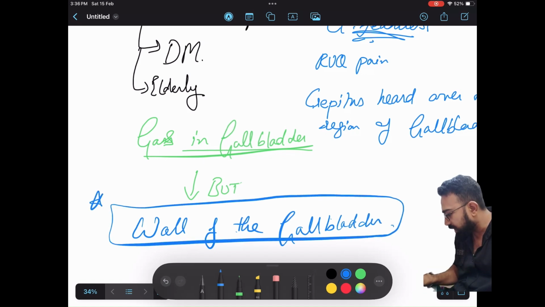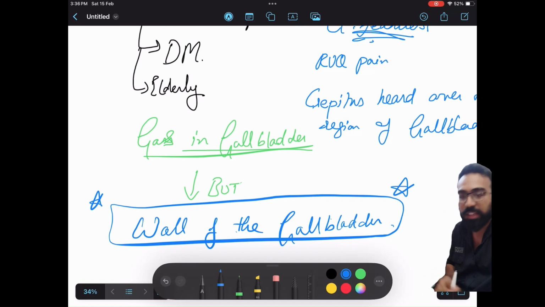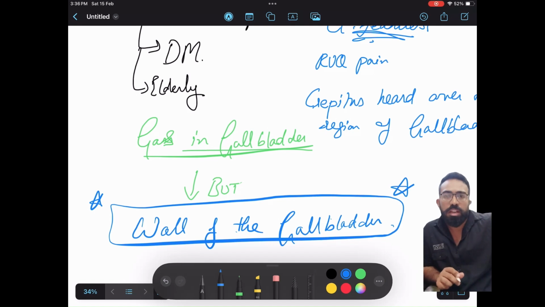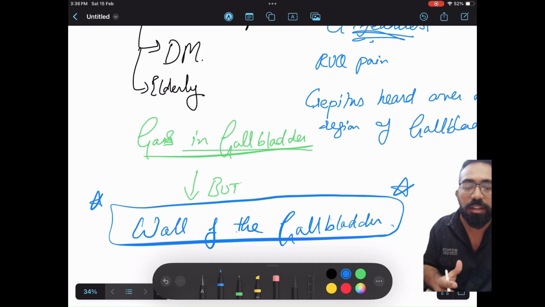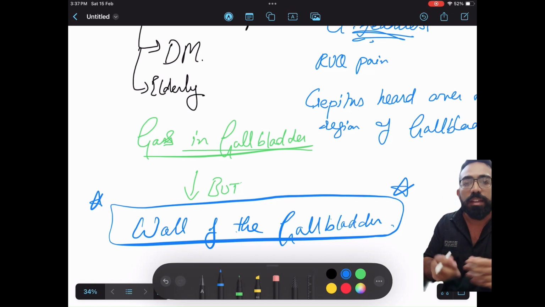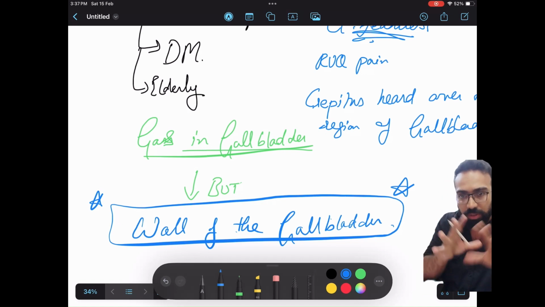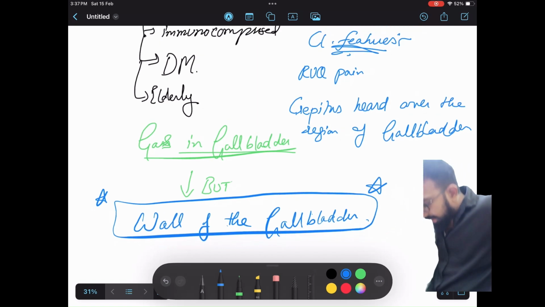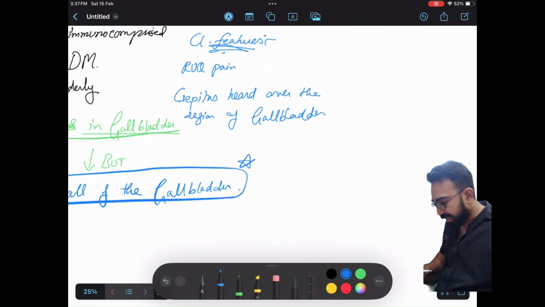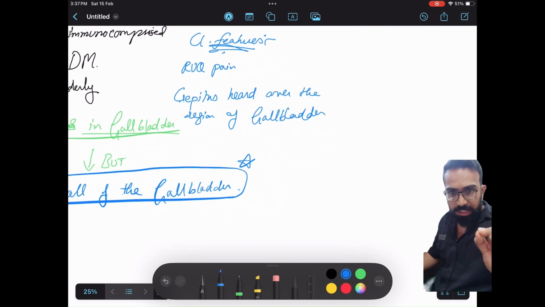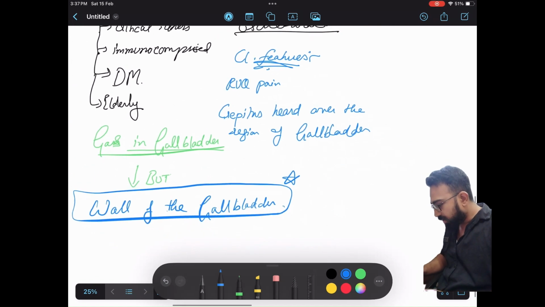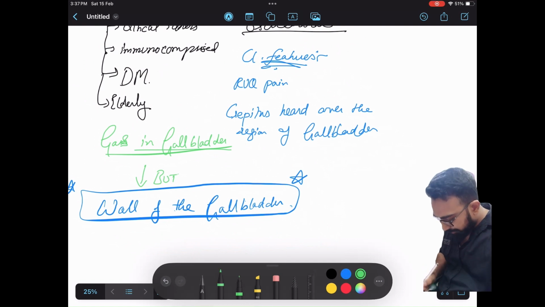This is very important. Why is this also important? Because there is another condition where there can be gas in the gallbladder, but it is not emphysematous cholecystitis. What is that condition? That condition is biliary enteric fistula.